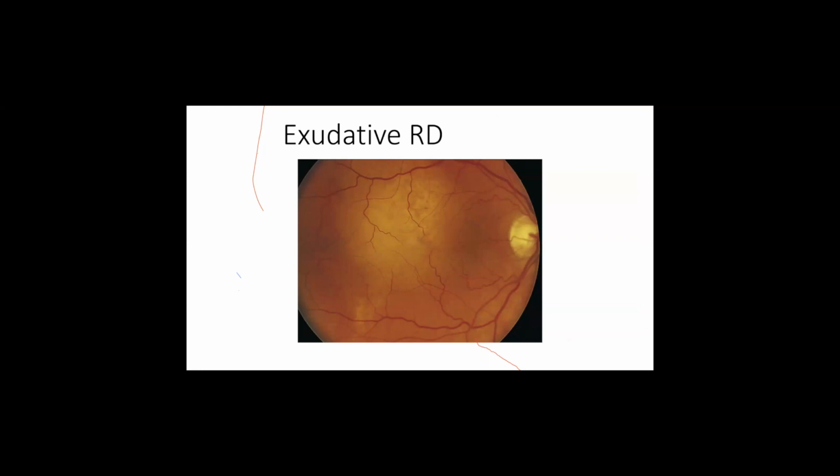So by exudative retinal detachments, what we mean is that there is no break, there is no communication between the subretinal space and the vitreous cavity. There is something happening that has changed the RPE pump mechanism and fluid is being recruited under the retina. Most of the time it's related to inflammation or some specific retinal disorders.